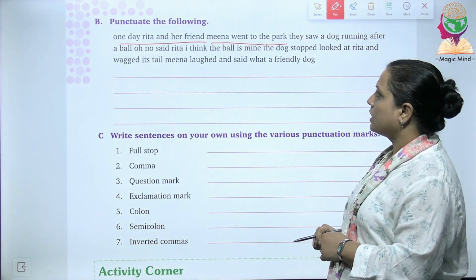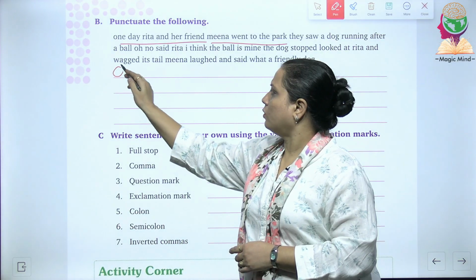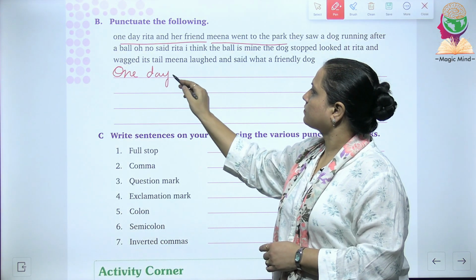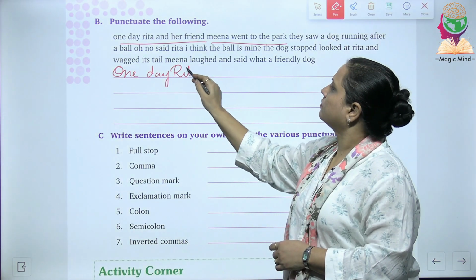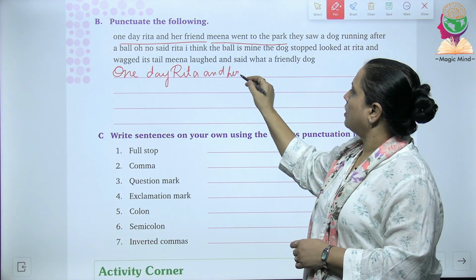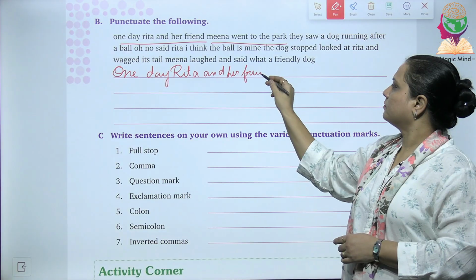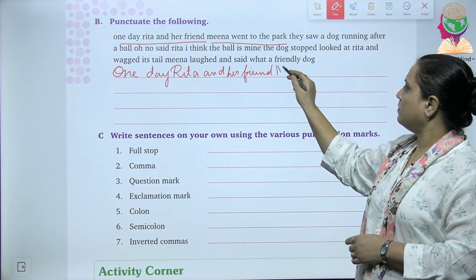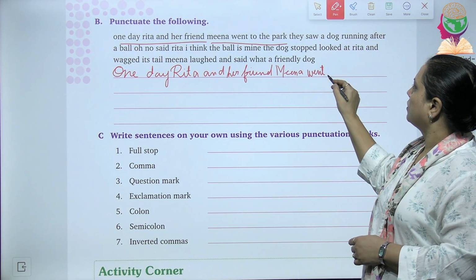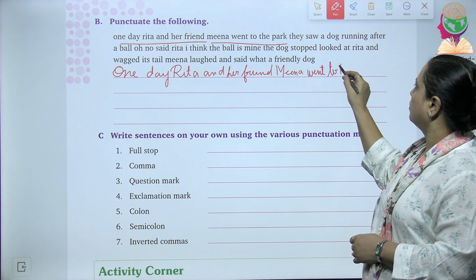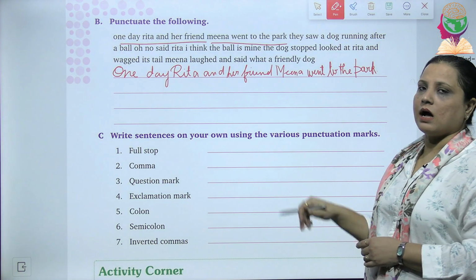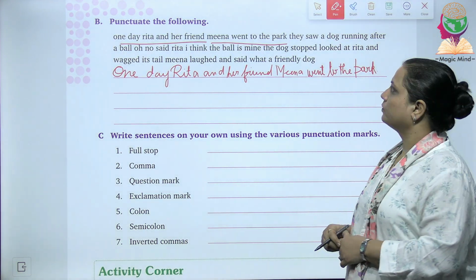In this sentence, first we'll begin with capital O. One day Rita and her friend Meena went to the park, and a full stop after the word park.